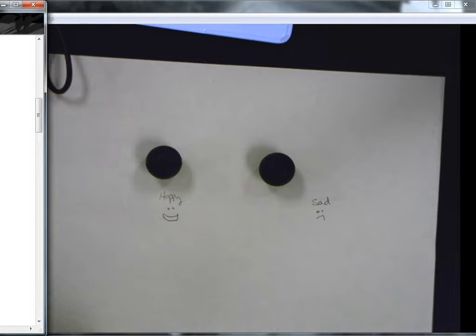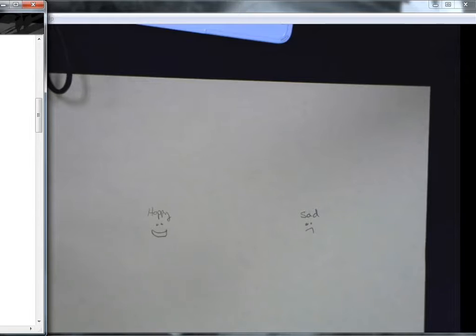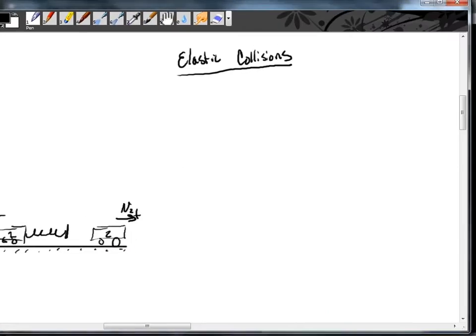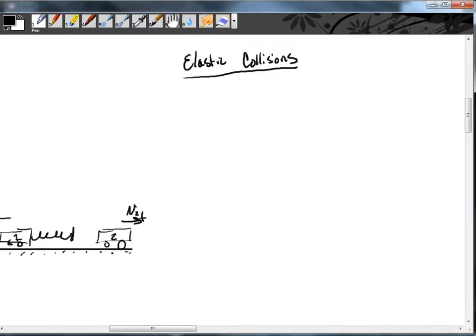Now, we are talking about perfectly elastic collisions today, because I need to give you the start for this before we start talking about inelastics. So here are elastic collisions, and we have two conditions for an elastic collision.